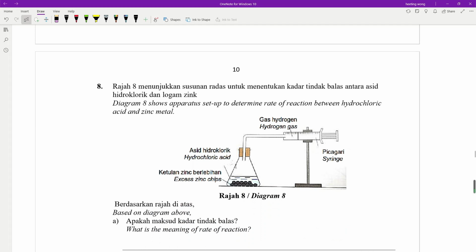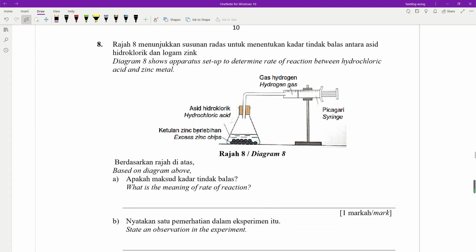Okay, question number 8. Diagram shows the apparatus to determine the rate of reaction between the hydrochloric acid and zinc metal. Okay, so zinc and the hydrochloric acid. So what is the meaning of rate of reaction?